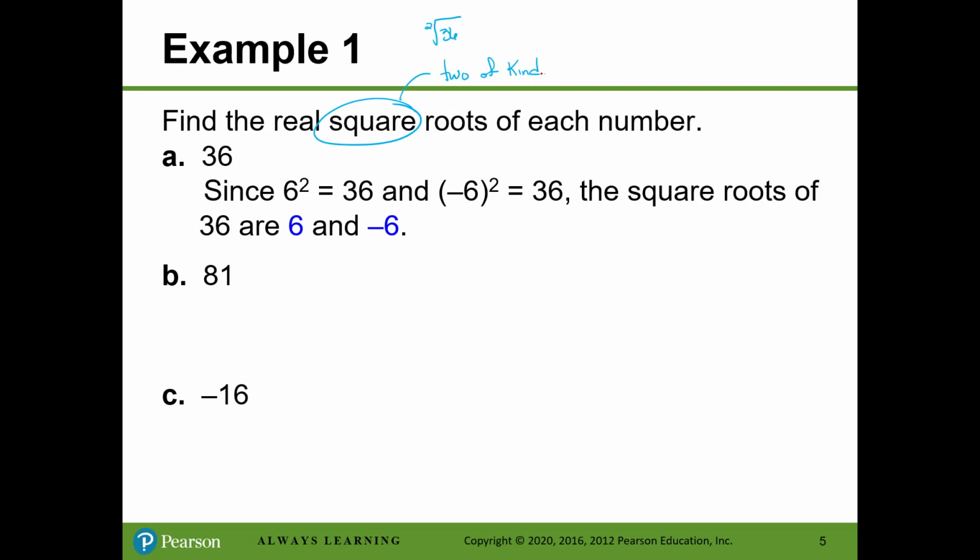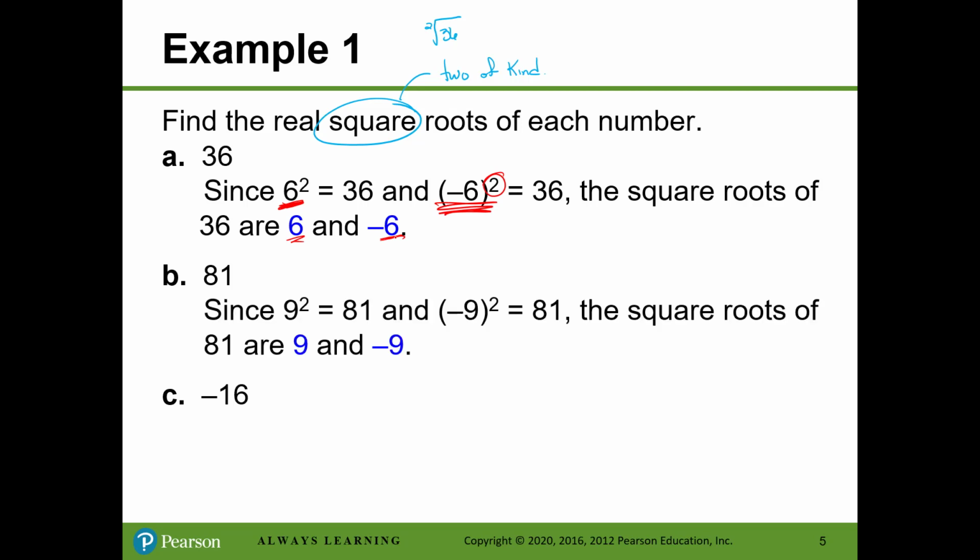I know 6 times 6 is going to be 36. 2 positive 6s multiplied together is 36. But 2 negative 6s multiplied together will also give me a 36, which means the square root of 36 is not just a positive 6, it's also a negative 6. With me?